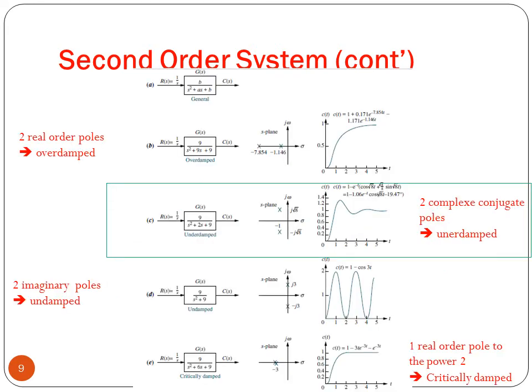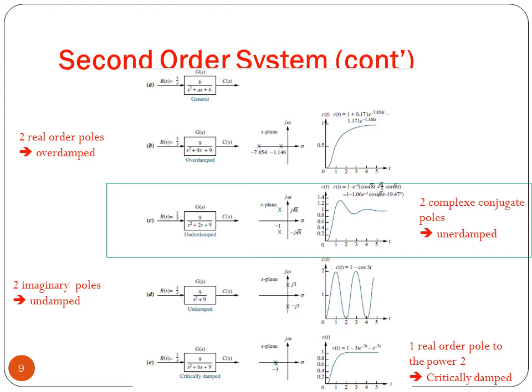If we want to link them to the values of zeta, here we can see them in more detail. In fact, for the overdamped system, we can see that the two poles are real. In this case, zeta is greater than 1.